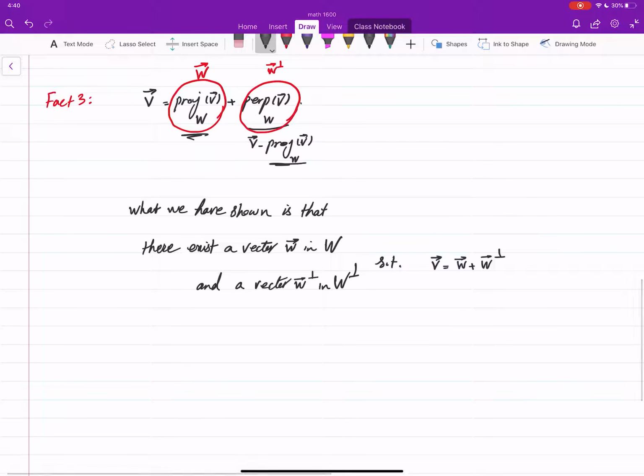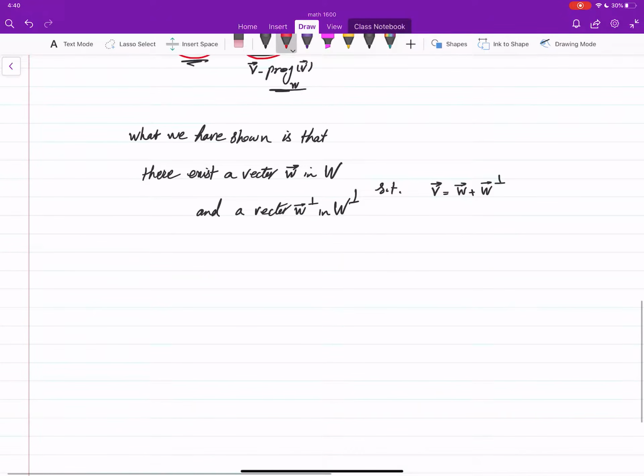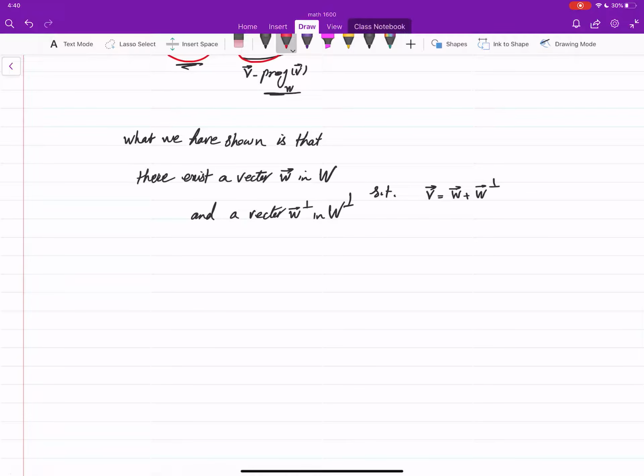At least we showed there exists such a thing. In the orthogonal decomposition, we decomposed V into two pieces: one belongs to the subspace W, the other belongs to W perp.